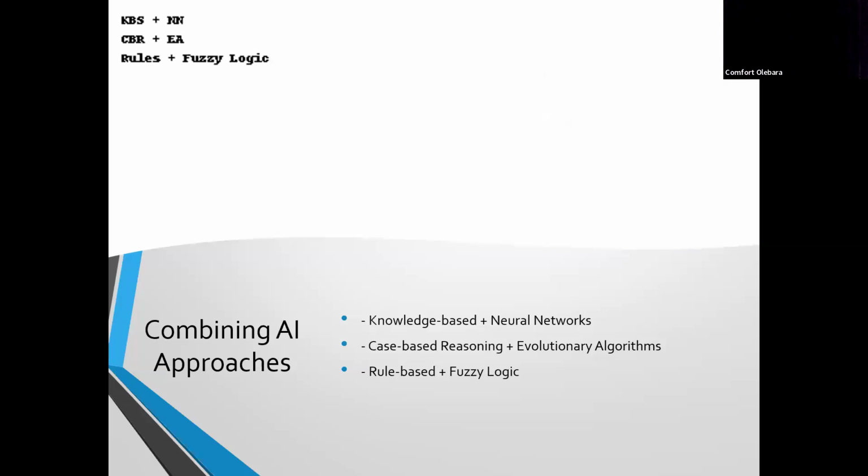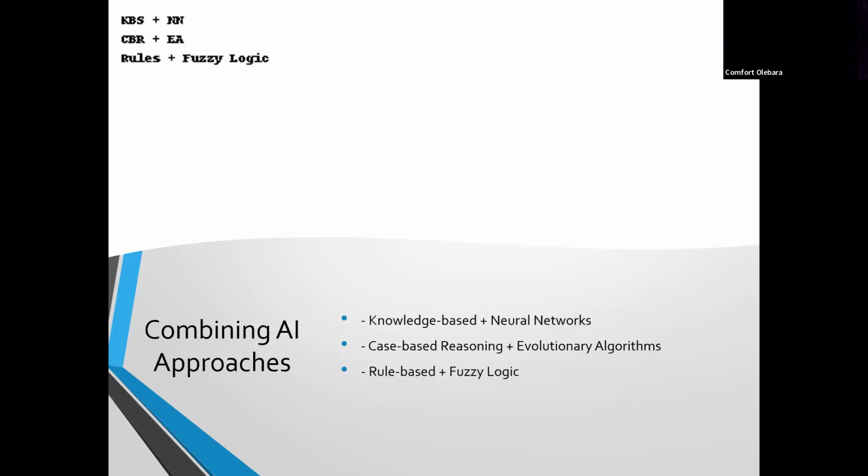So we can also have combining AI approaches, just purely AI approaches like knowledge-based plus neural network, case-based reasoning, and EA, which is evolutionary algorithms, which can be rule-based and so on. So these are different possible combinations that you can use.